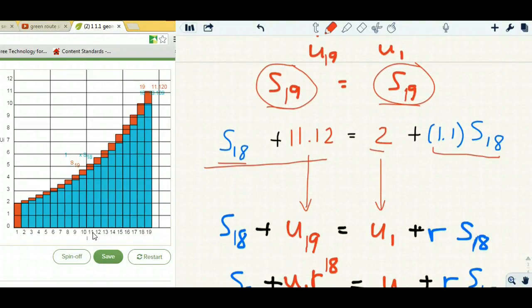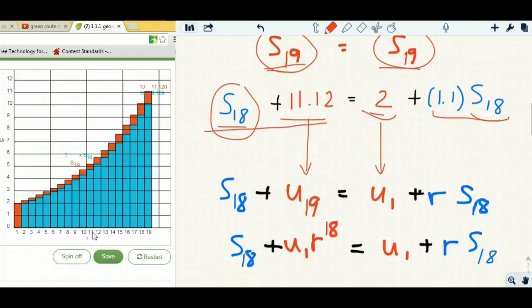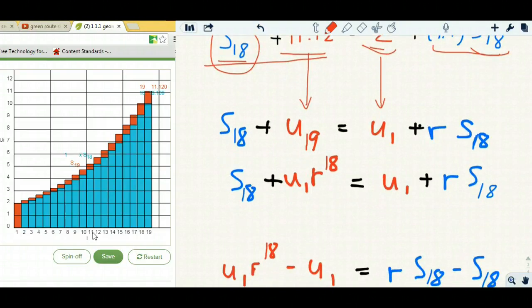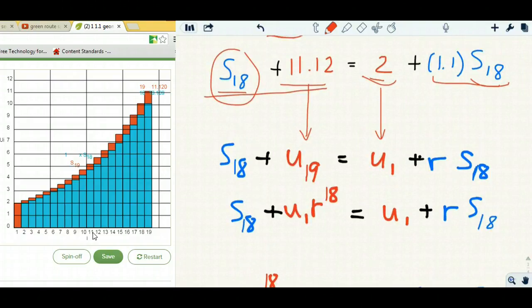So, the sum of the distance he ran on 18 days plus how much he ran on the 19th day is equal to S19. And the sum of what he ran on the first 18 days times 10% plus the first day is also equal to S19.